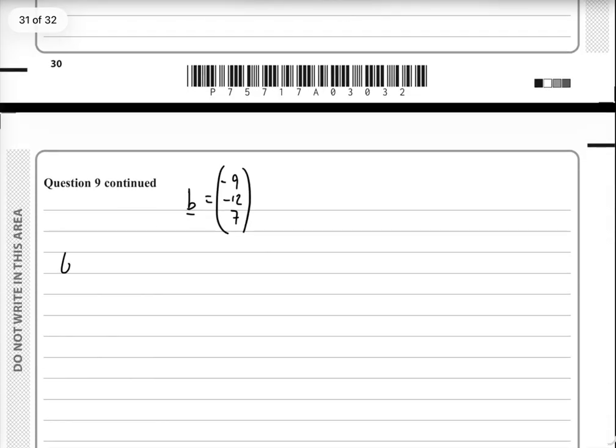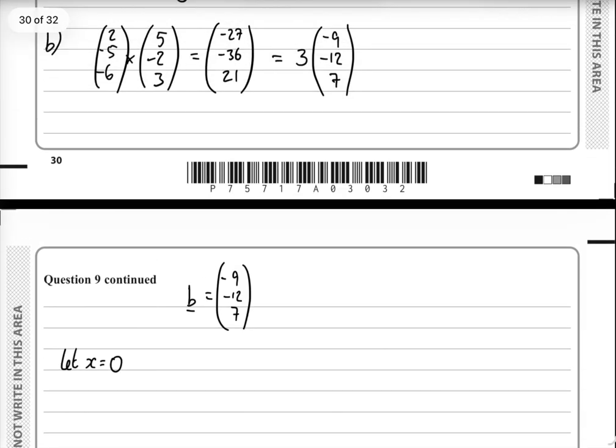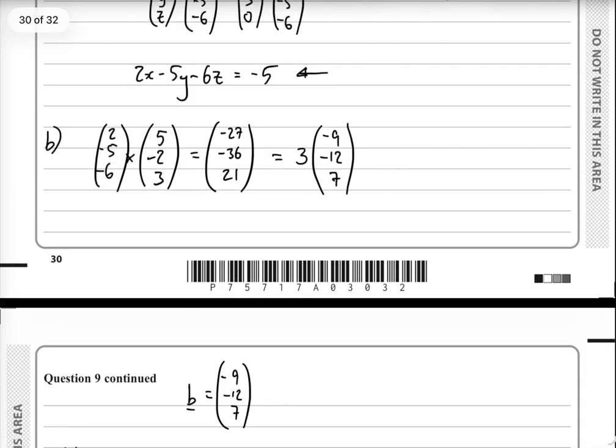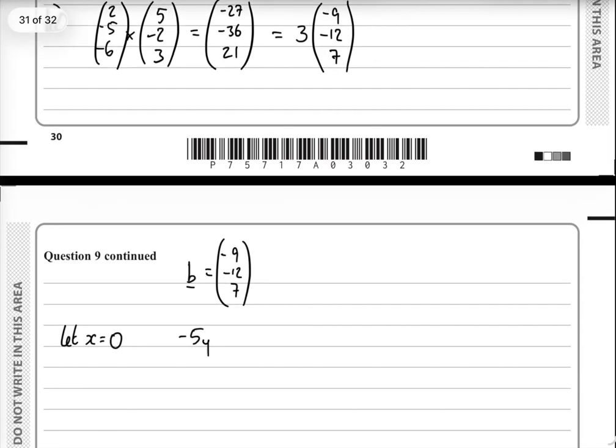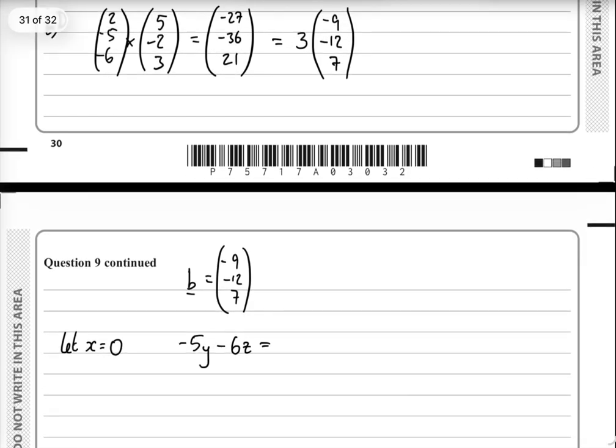So what I'm going to do is say let x equals 0. And almost certainly, or if not this, then definitely y equals 0, one of these will work. So if x is equal to 0, then the equation we've got on the screen there, that makes plane pi 1: minus 5y minus 6z still has to equal minus 5.